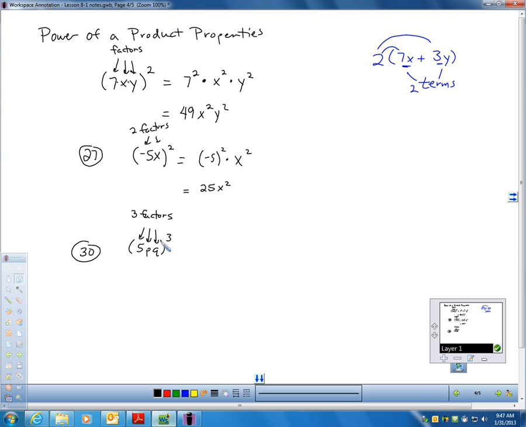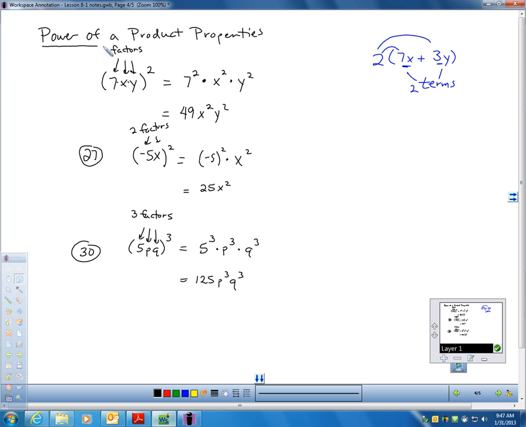I have to apply this exponent 3 to each of these factors. So I got to take 5 to the third power, I got to take p to the third power, and I got to take q to the third power. 5 to the third power is 125, and I have p to the third, q to the third. I just applied the power of a product property.